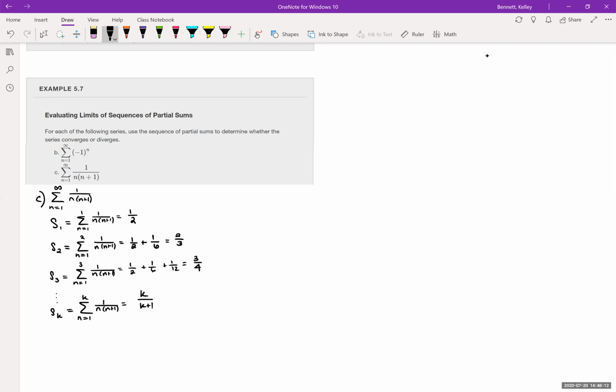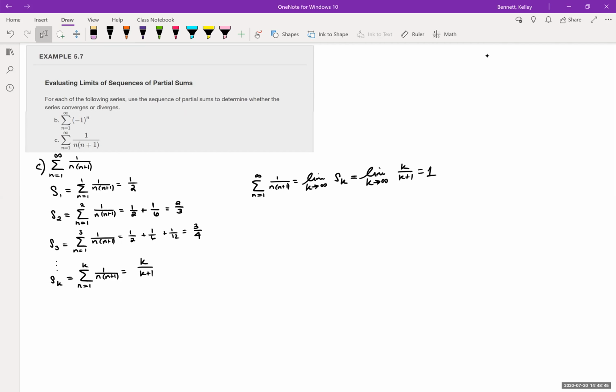So if I want to evaluate the infinite series, all I have to do is take the limit as k goes to infinity of s sub k, which is the limit as k goes to infinity of k over k plus 1, which is just 1. This is why it's really important to get an expression for s sub k, because if we don't have that, it'll be very hard to take the limit.